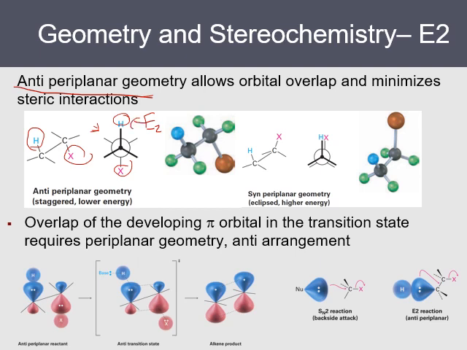So you deprotonate this hydrogen, the leaving group leaves, and that will form a double bond. Now when the hydrogen and the chlorine or halide are on the same side, as shown in this Newman projection, that's called syn-periplanar geometry. And in this geometry, E2 elimination cannot happen.